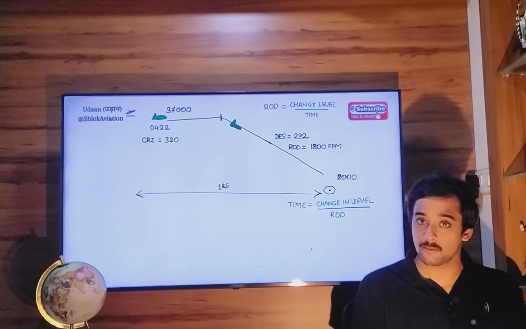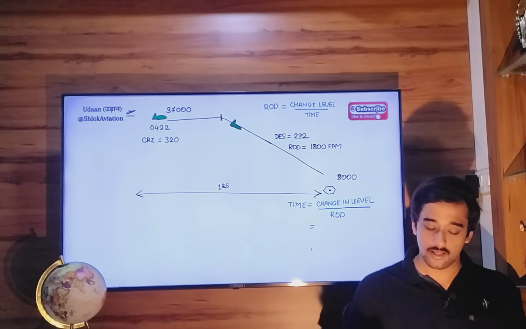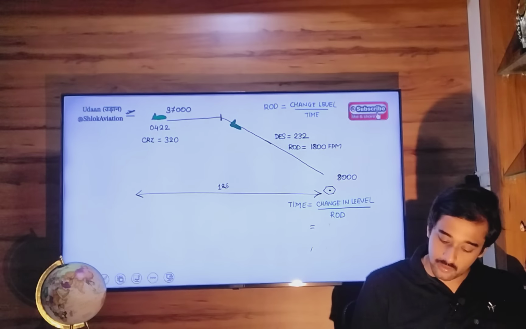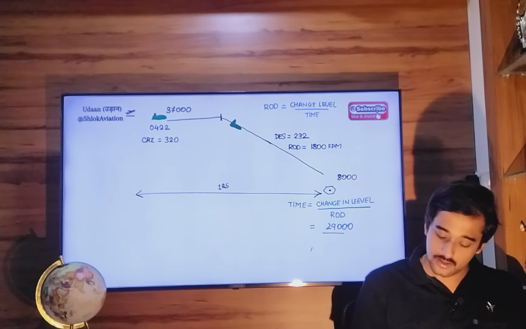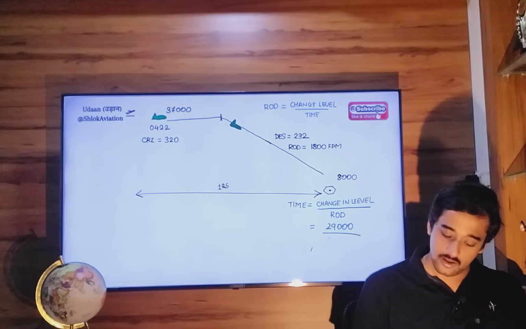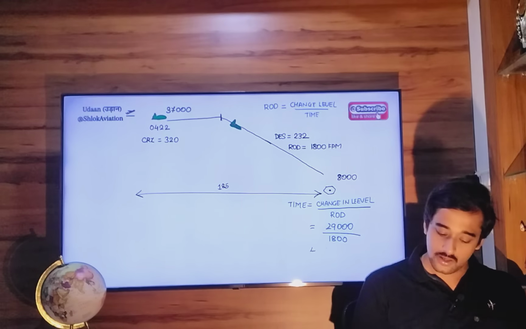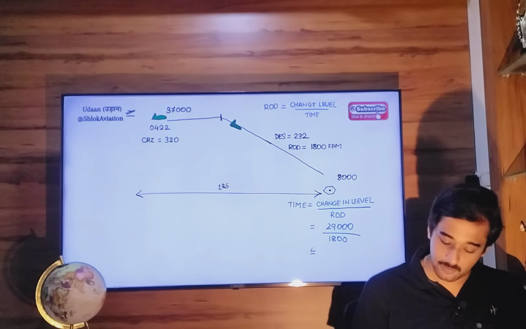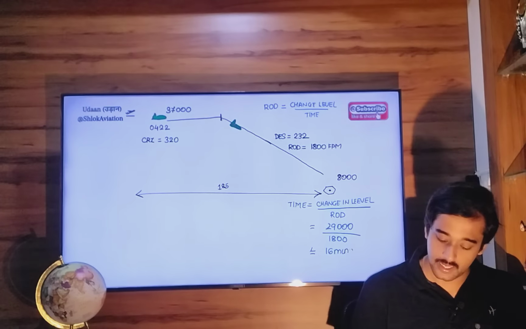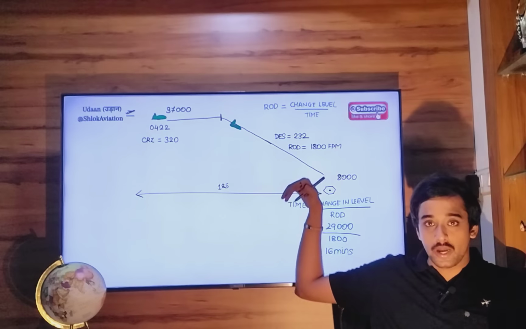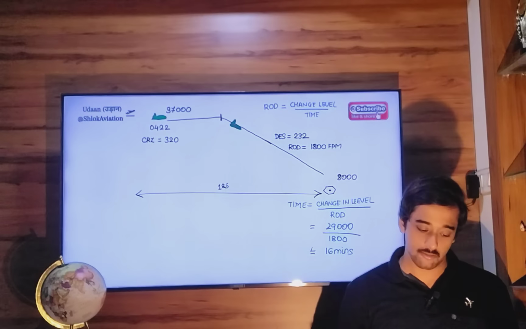So we have cross multiplied. Time equals change in level. So 37,000 minus 8,000 will be equal to 29,000 feet divided by rate of descent, which is 1,800. So time taken is 29,000 divided by 1,800, that is 16 minutes. So the time taken to descend from 37,000 to 8,000 is 16 minutes.